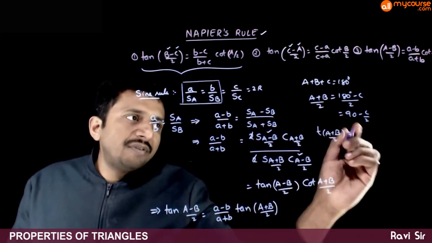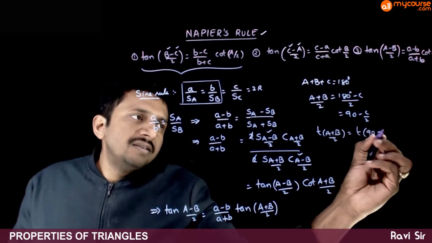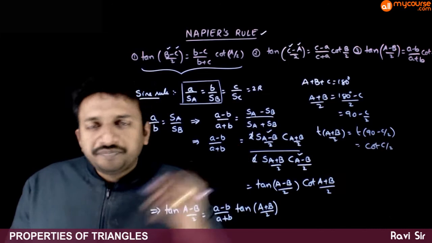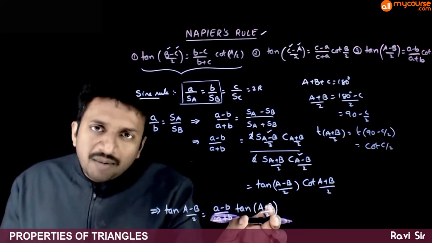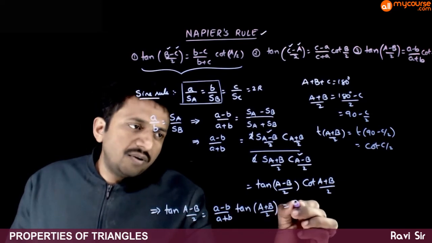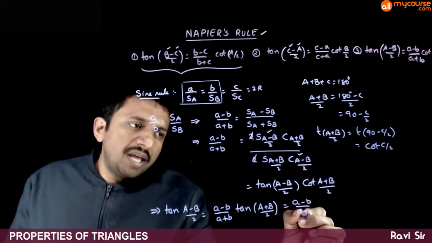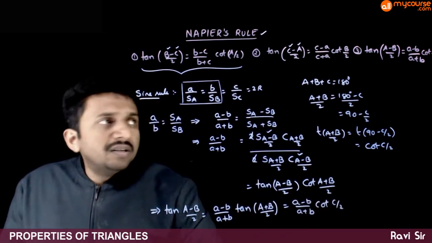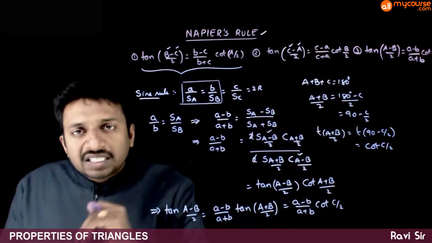That's nothing but tan of (90 − C/2), which is equal to cot of C/2. So this tan of (A + B)/2 will be converted into cot of C/2. That is equal to (a − b)/(a + b) into cot of C/2. So we have derived the last formula.